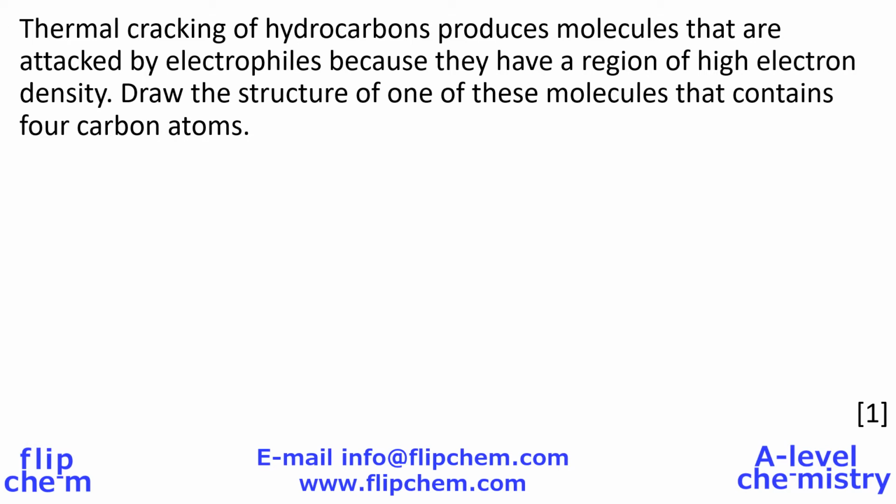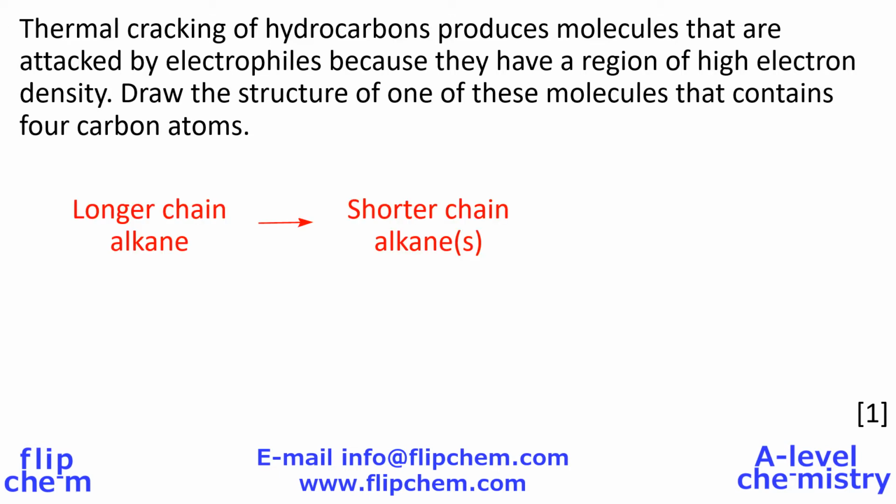So we weren't actually asked for the balanced equation here. We couldn't give a balanced equation. We don't know what the particular alkane is in the first place that we're cracking. But should you be asked to suggest products from a longer chain alkane such as C16H34, the idea is that you know it's going to make an alkane or alkanes and an alkene or alkenes, and it has to be balanced for carbon atoms and balanced for hydrogen atoms.